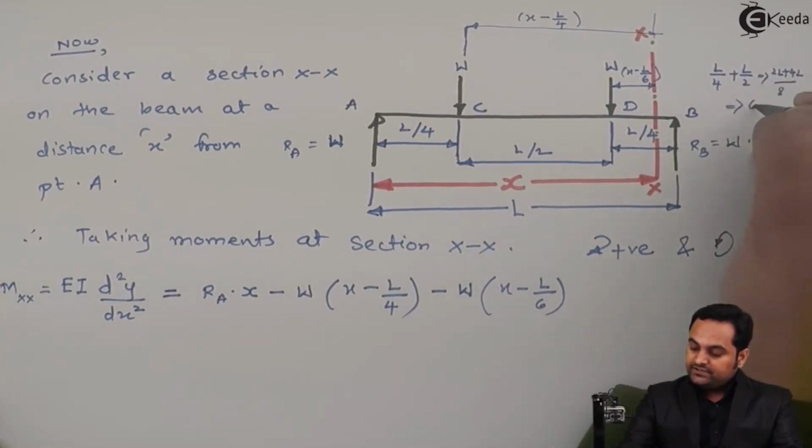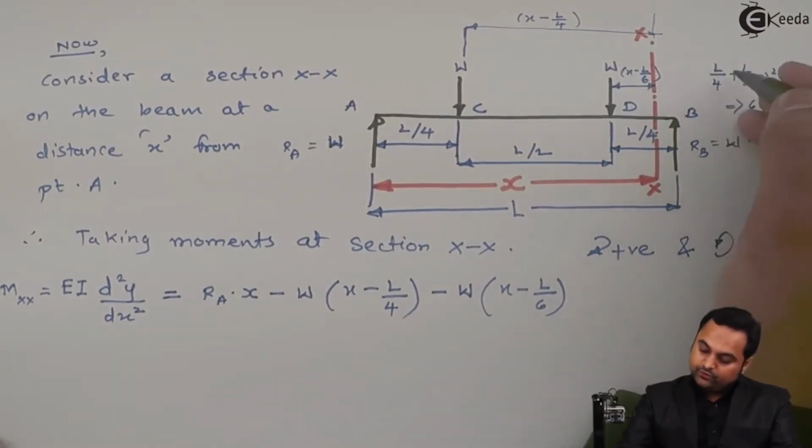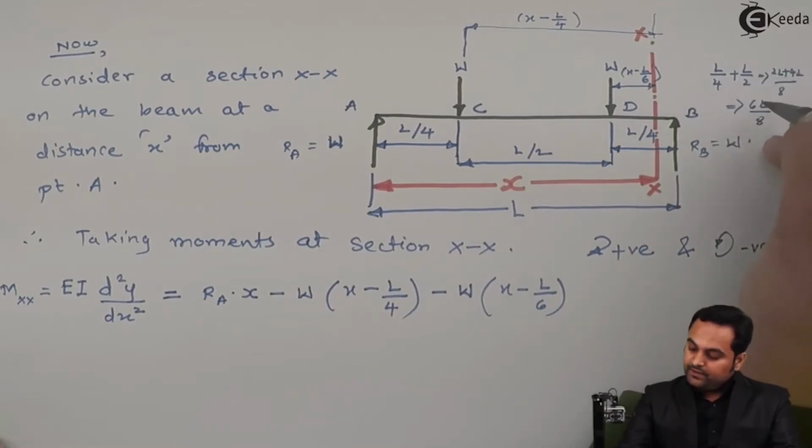So it becomes 6L by 8. This will be 2L plus 4, by 8.